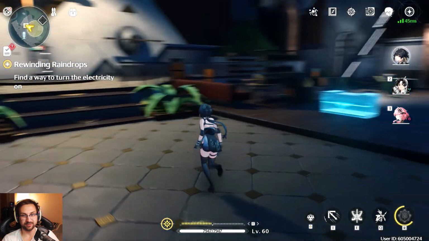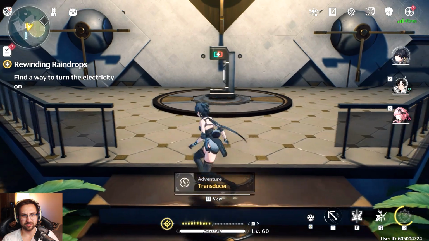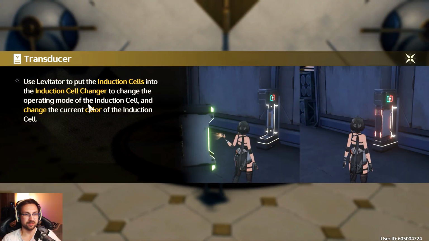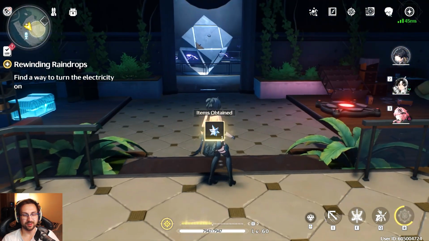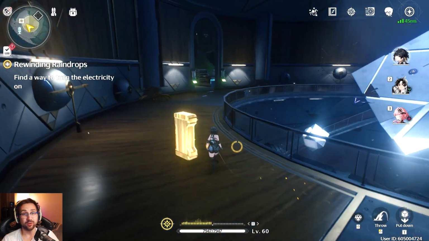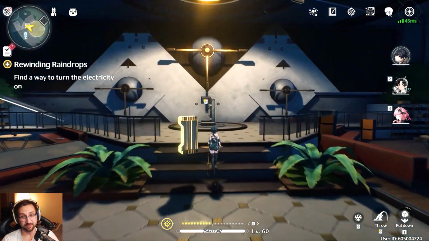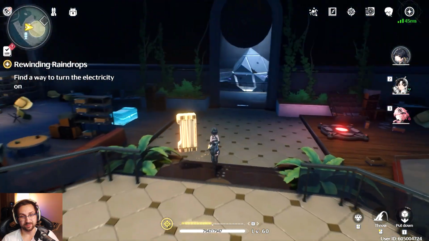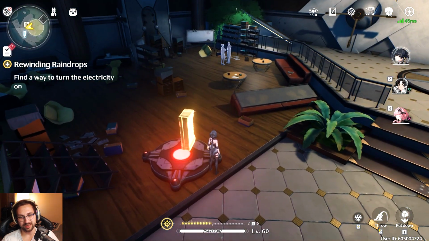A chest. What's that? Transducer. Change color. Okay. If you read only the yellow ones, that's the main purpose of the... what to say, of the thing they're saying.